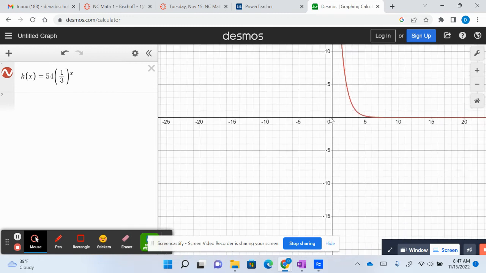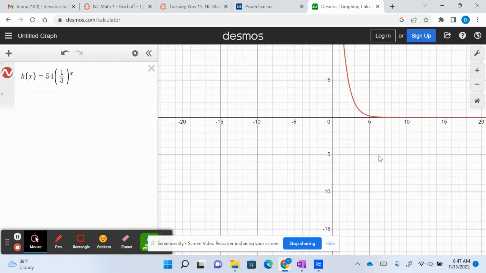So here's something that I've hoped you've noticed, okay? I hope you notice that when the base is a fraction, the function is decreasing. When the base is greater than 1, I'm talking about that number that we're raising to a power, the function is increasing.